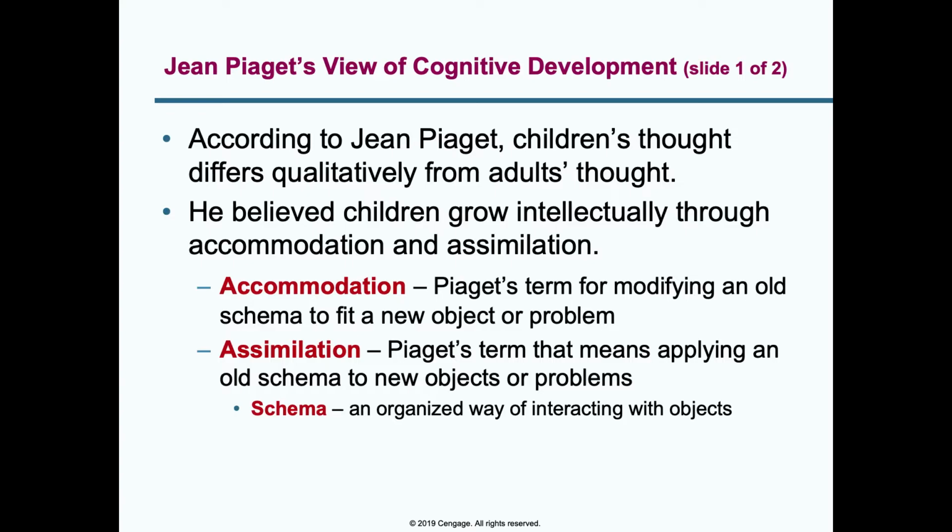So if they're trying to learn about a new object and they see it as similar to something else, then they assimilate it into the structure in their brain that says, hey, that's like something else. If they learn about something and they don't see it as similar to something else, or they can't fit it into something that they already know, then they get thrown off balance a bit.